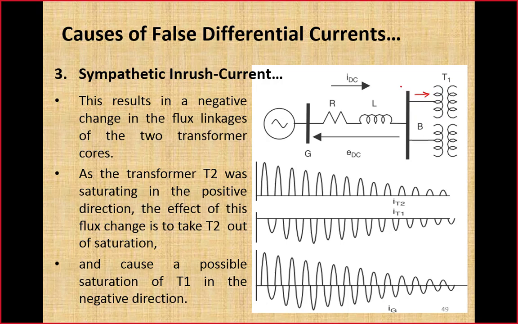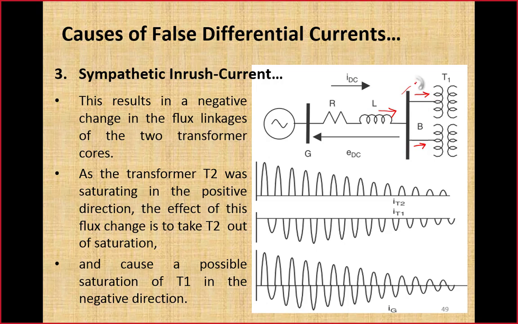Because DC component in voltage of this bus has moved this already energized transformer T1 into saturation, and this current drawn by transformer T2, that will be in positive direction and it will come out of the saturation with each passing cycle. And total current which is being supplied by the generator, here these three current had completely different nature.